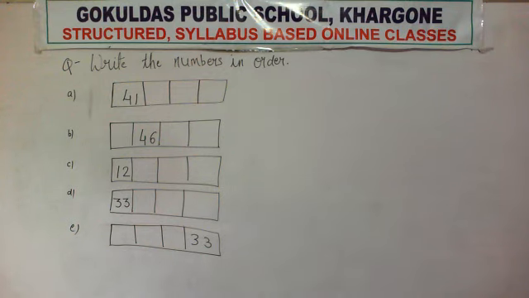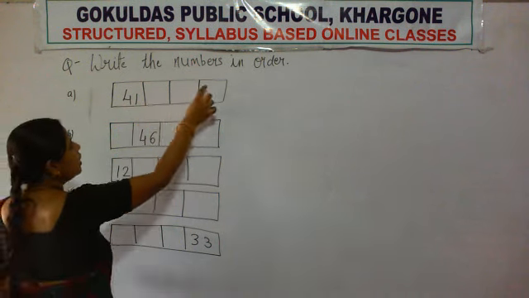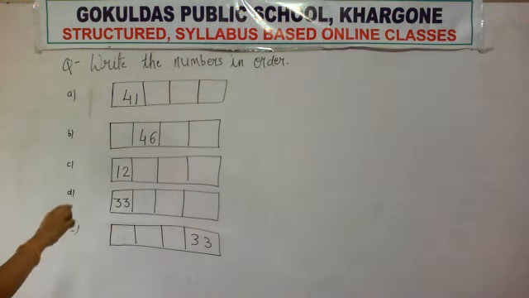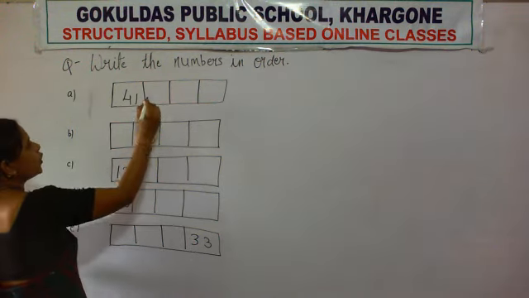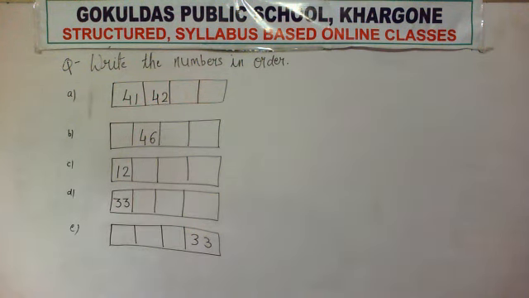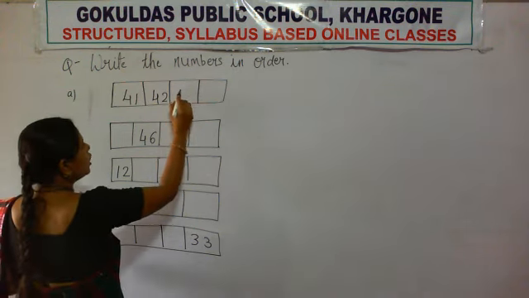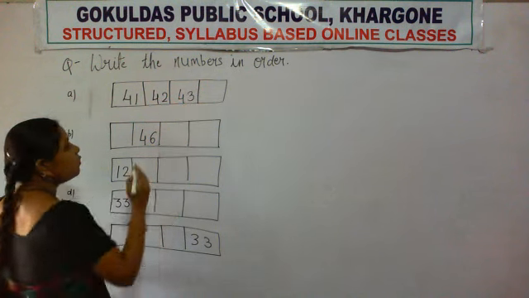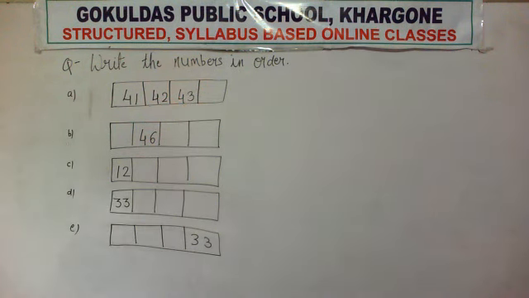And how many numbers do we have to write? 3 numbers. Why? Because 3 boxes are given. Now which number will come after 41? 42. Now which number will come after 42? 43.